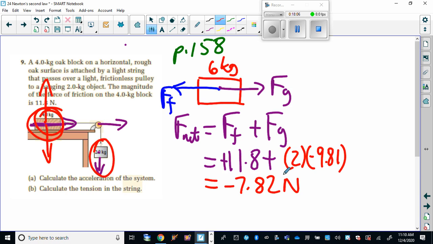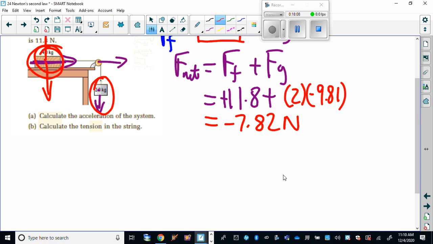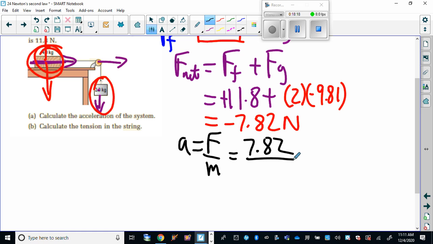And we want to calculate the acceleration of the system. Acceleration equals the net force divided by the mass. So that's going to be 7.82 divided by the mass. What mass do we use for this one? For the acceleration, we always use the mass of the whole system because they're both going to be accelerating at the same rate. This one in this direction, this one in this direction, but it's going to be the same magnitude.